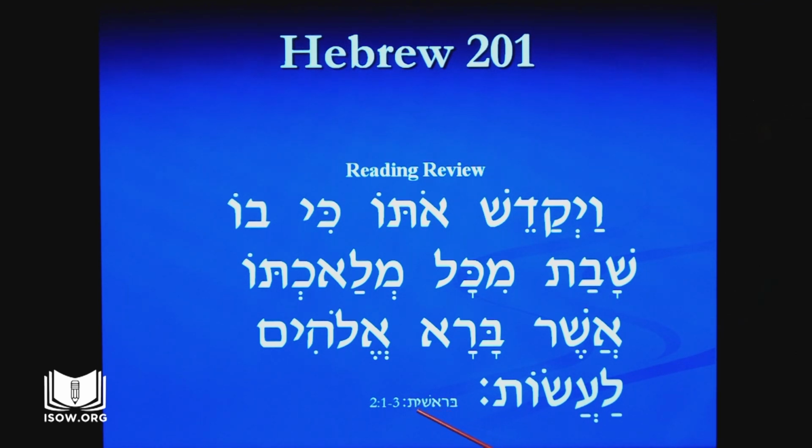And so what we have here is Breshit, chapter 2, verse 1 through 3, or Genesis chapter 2, verse 1 through 3. That's what we read. And so if you don't recall exactly what that says, let me read to you what we just read in Hebrew. Thus the heavens and the earth were completed, and all their vast array.